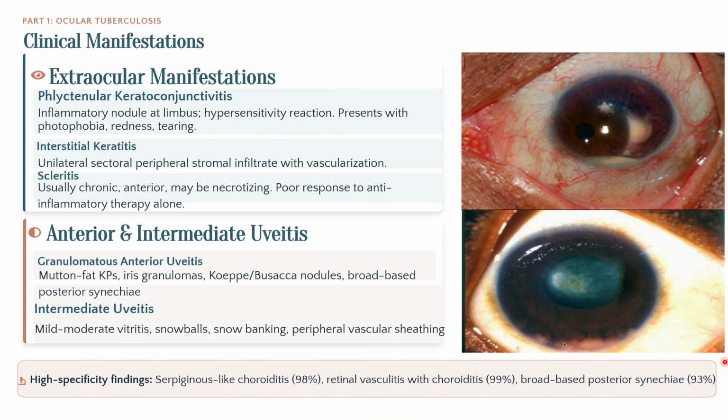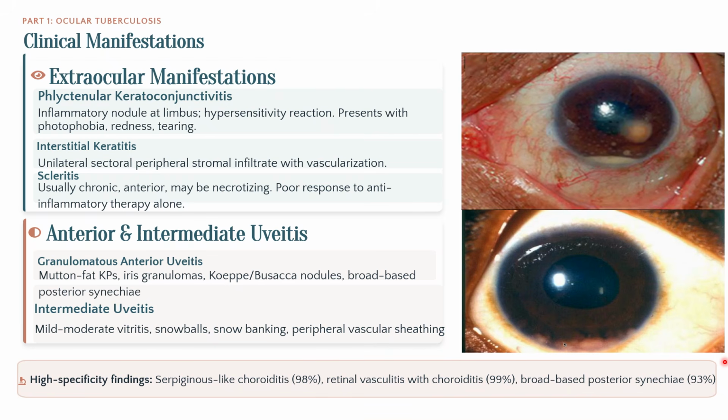In the anterior segment, the classical type is granulomatous uveitis, and hypopyon is a rare manifestation of tuberculosis. If you see a patient with tuberculosis and hypopyon, think of immune suppression, coexistence of HIV infection, or a complication of the drugs. As you will see later, ethambutol is one of the drugs that can cause hypopyon.